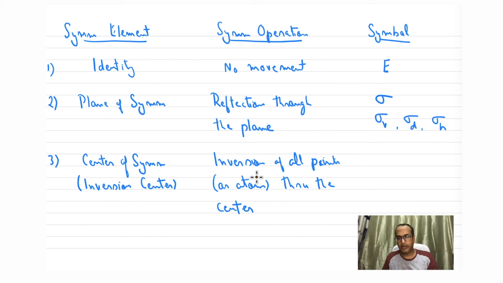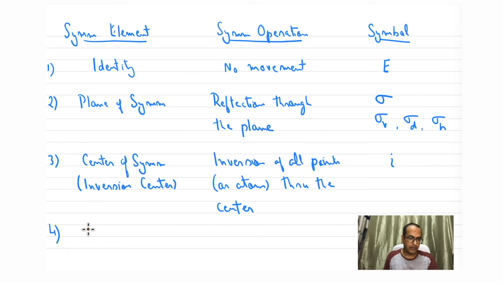We will see again how to perform this symmetry operation; this is just the definition. Inversion of all points or atoms through this center, and it is denoted by lowercase letter i.